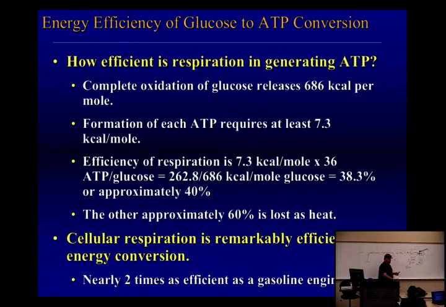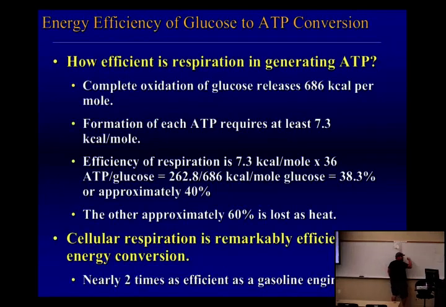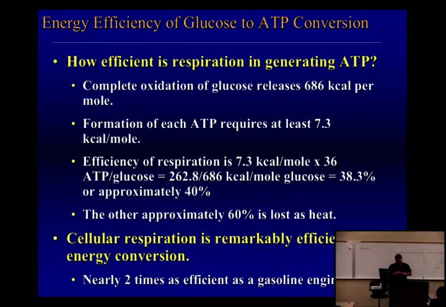So what did we start with? How much energy is in glucose, what is the delta G of glucose that I told you? Right there on the screen. Yeah, 686 kilocalories per mole, right?